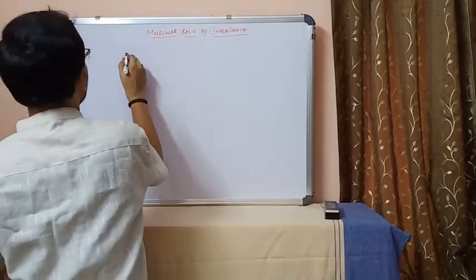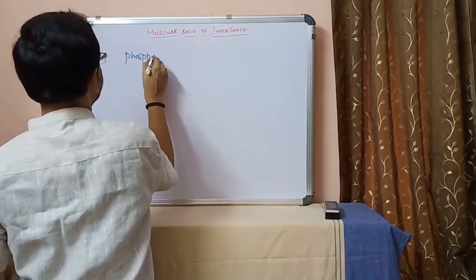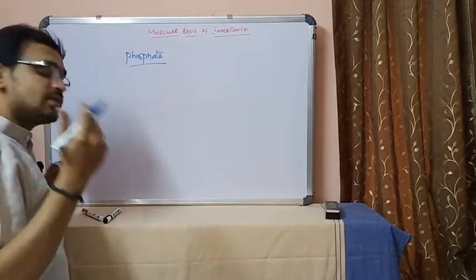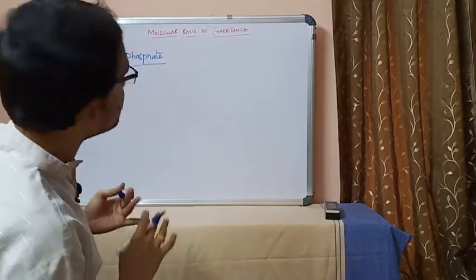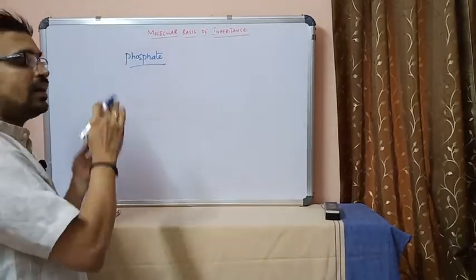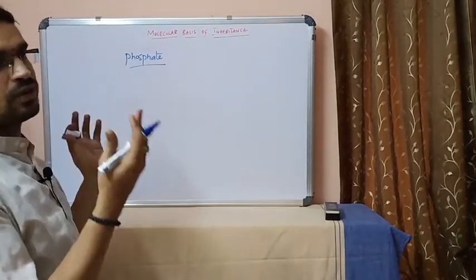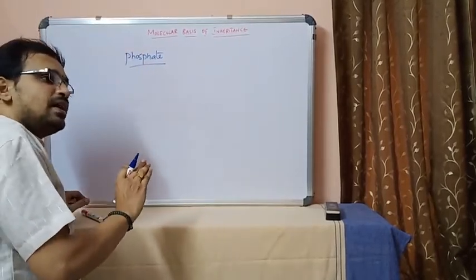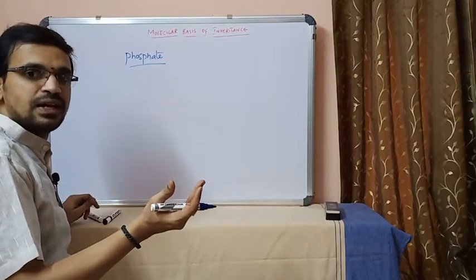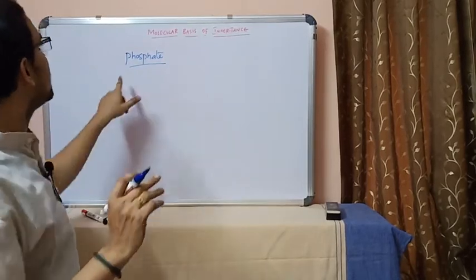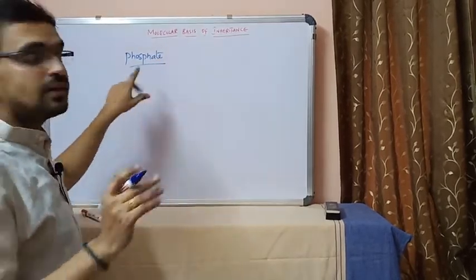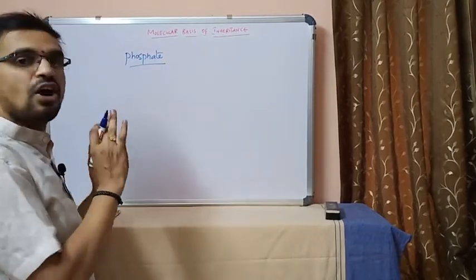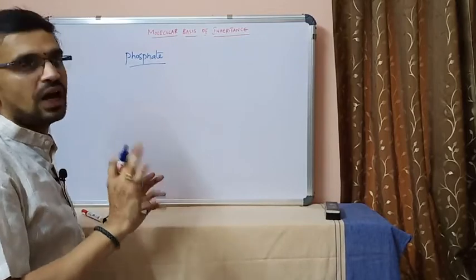One type of sugar is present in DNA, one type of sugar is present in RNA. Some types of bases are present in DNA and some types of bases are present in RNA. But in case of phosphate, there is no difference. Phosphate is common for both DNA and RNA.